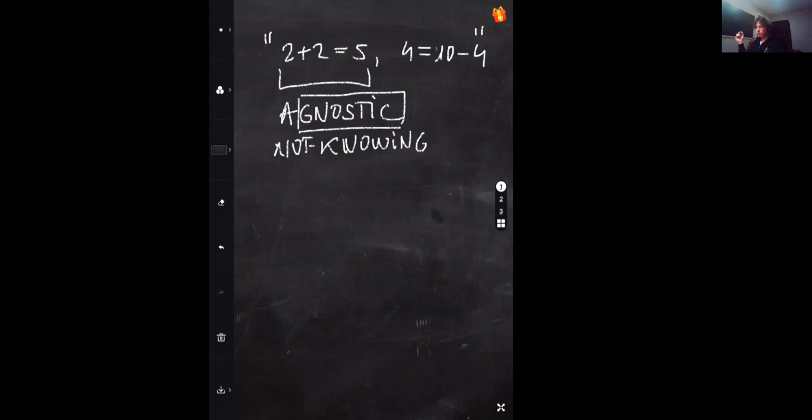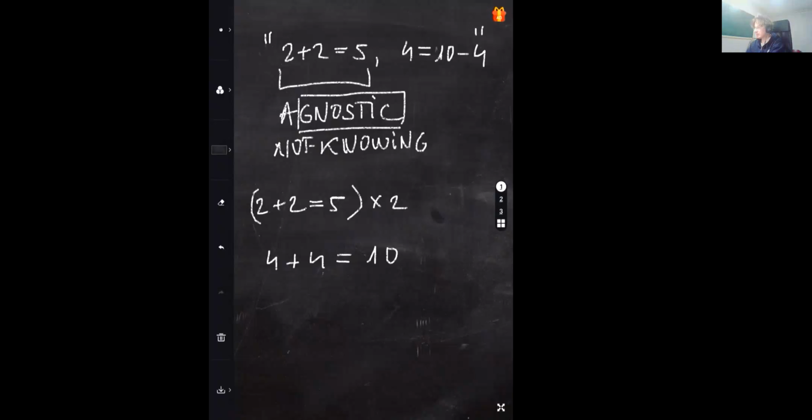Okay, let's assume that indeed 2 plus 2 equals 5, because this is our hypothesis. Okay. Let's multiply it by 2. Then we obtain that 4 plus 4 equals what? 10. Very nice. Now, let's subtract 4 from both sides.